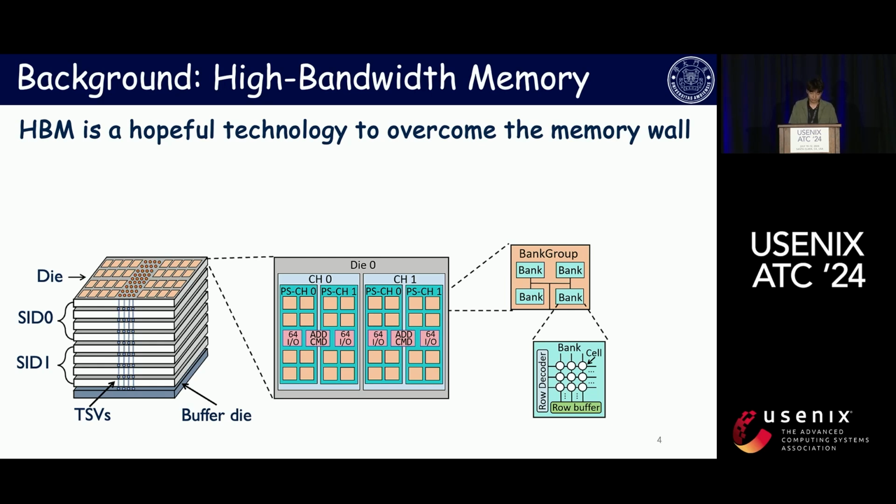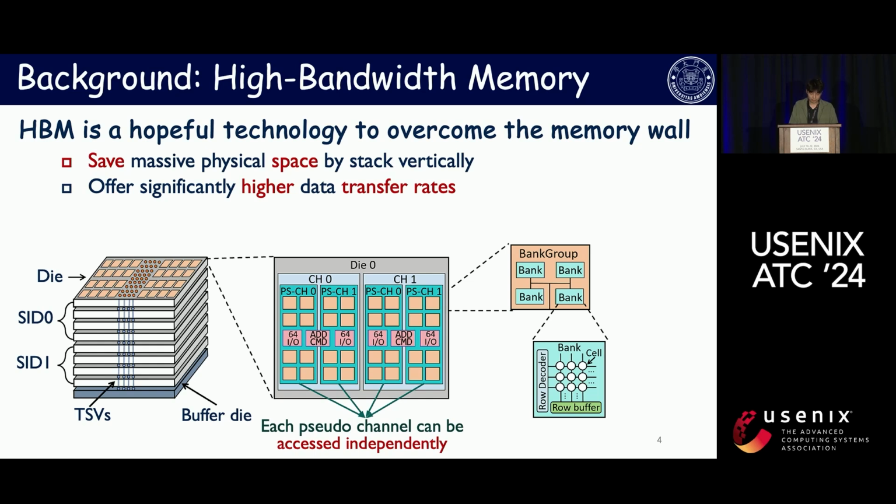HBM is integrated into the processor and constructed by stacking DRAM dies. Therefore, its planar structure resembles traditional DRAM, comprising channels, banks, cells, and similar components. It saves a considerable amount of physical space due to its stacked structure.